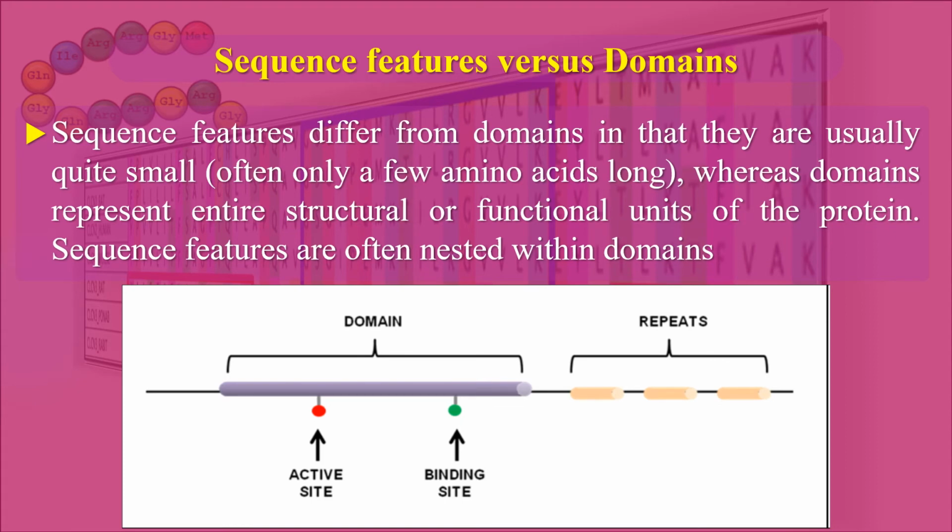Sequence features versus domains. Sequence features differ from domains in that they are usually quite small, often only a few amino acids long, whereas domains represent an entire structural or functional unit of the protein.